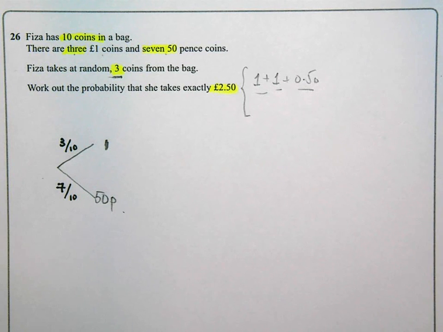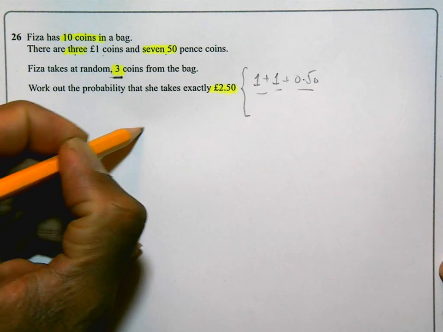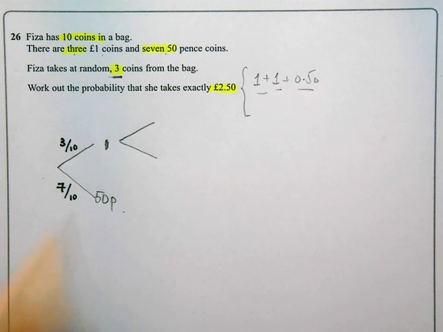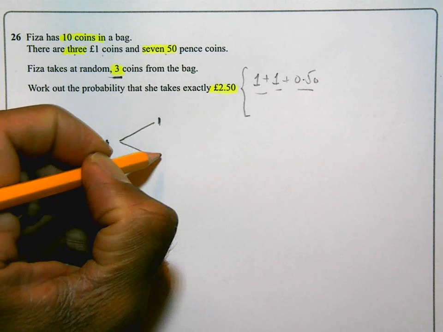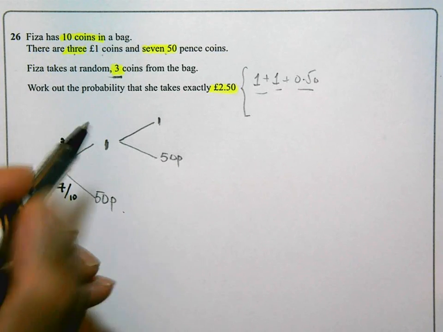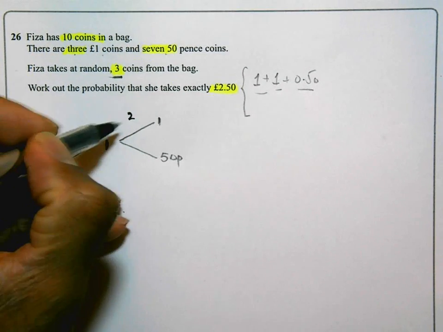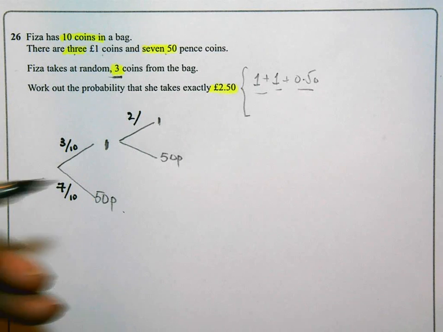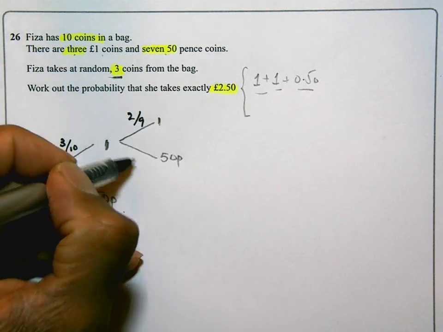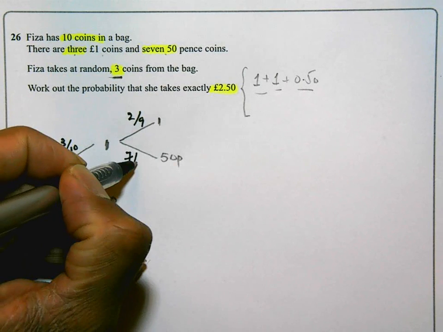If I picked a pound coin first, then in the second pick I could get either a pound or a 50p. That means there are only 2 pound coins left in the bag, and this time I'm picking from 9 coins, not 10. There are still 7 50p's.